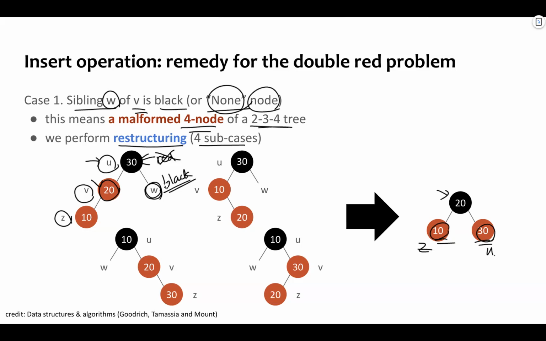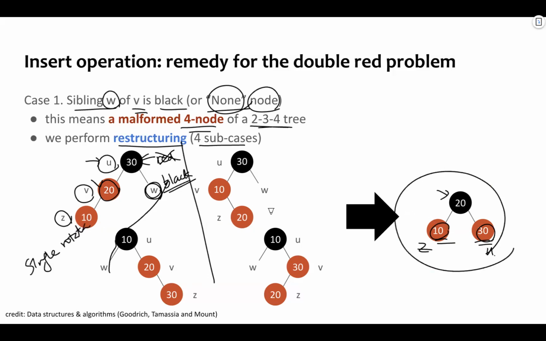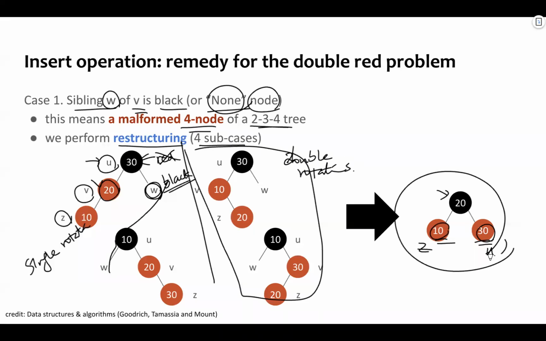So in these 2 cases, we can do just a single rotation to reach this configuration. And these 2 processes require double rotations to reach this configuration. And we saw how we can implement rotations in the AVL class.